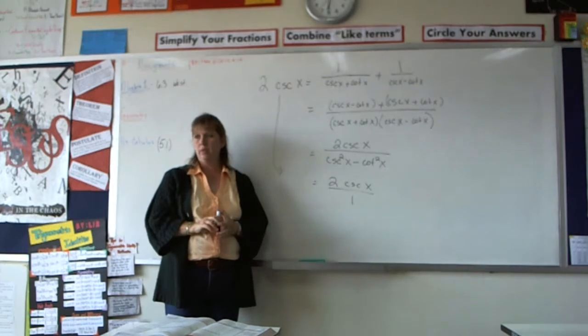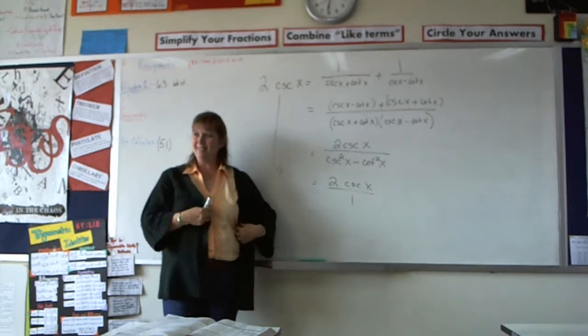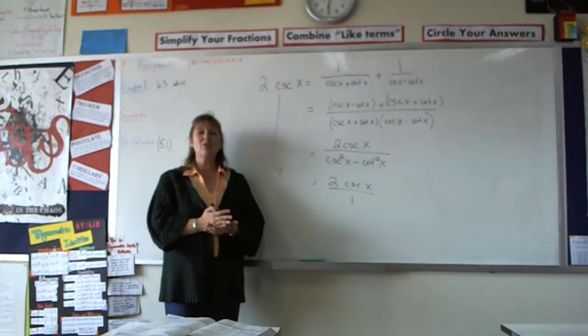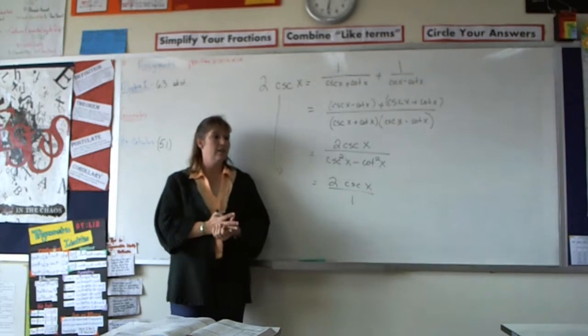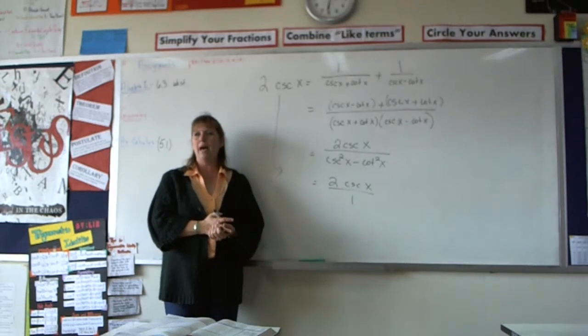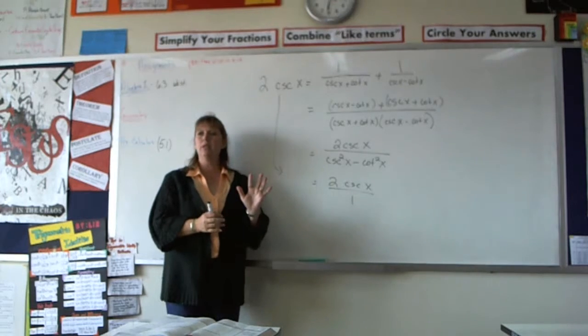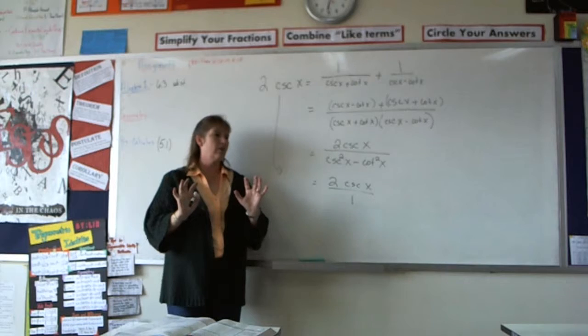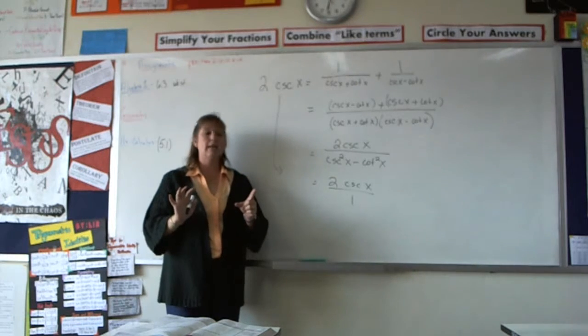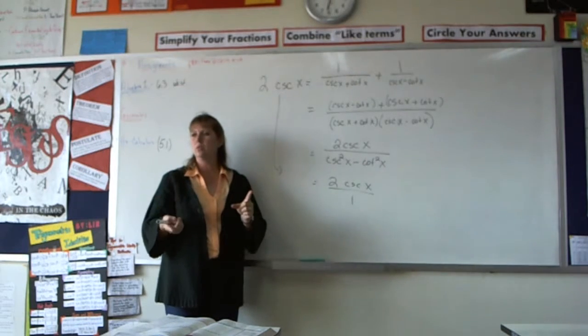Okay? Will they all match? Yes. When the instructions say verify the identity, your first clue is, ooh, I probably need to figure out how to leave one side exactly what it is, and bring the other side down to that level. Okay, so start there. Make sure you read the instructions to see what they're asking you to do.